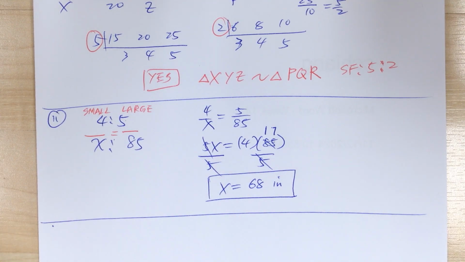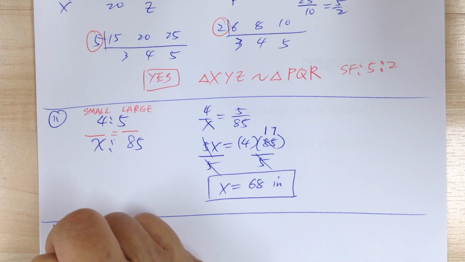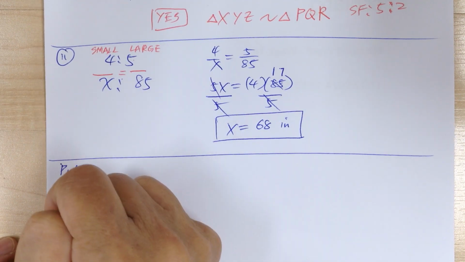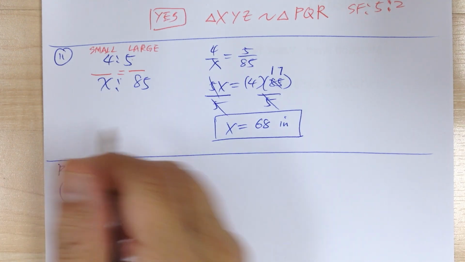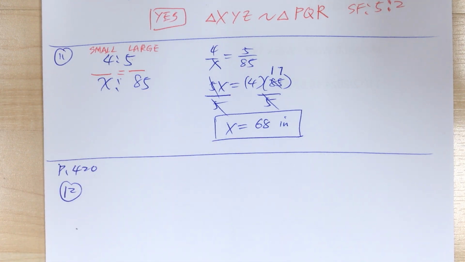Okay, let's go to the next one. Number 12. It says use AA similarity postulate to show that the triangles are similar.